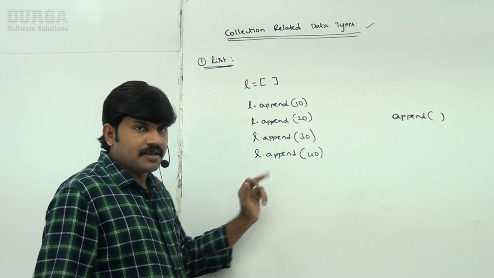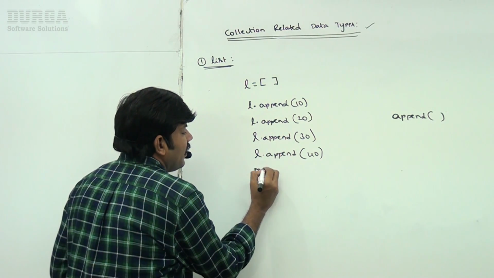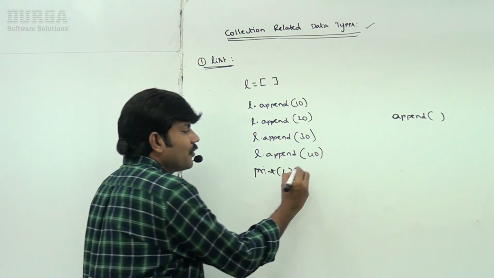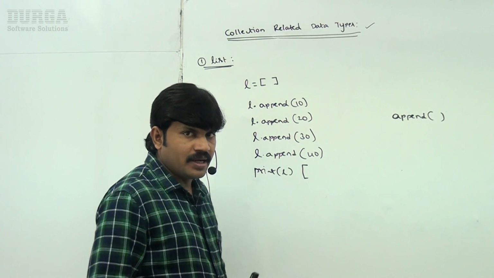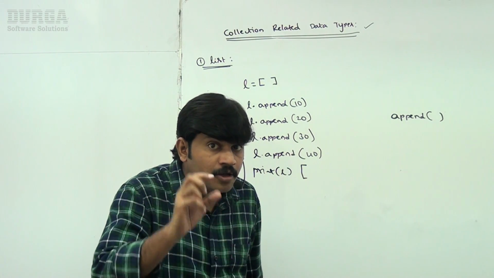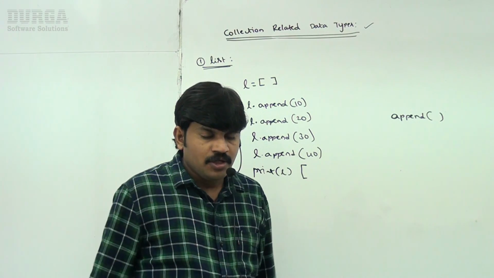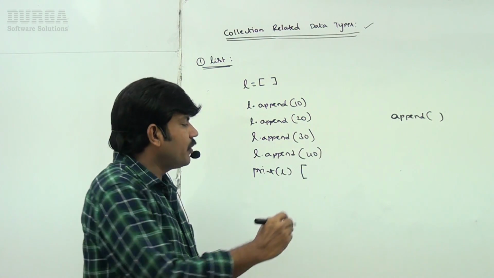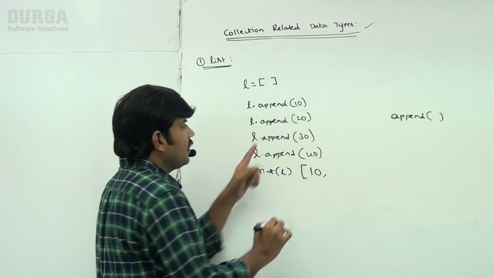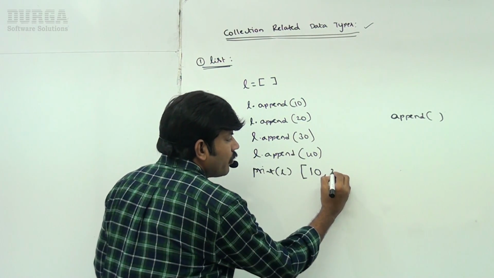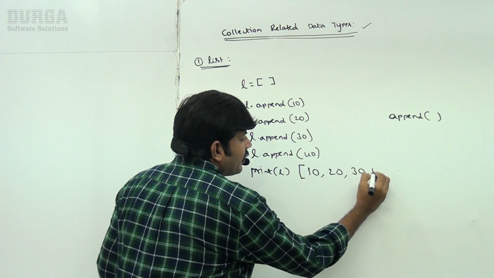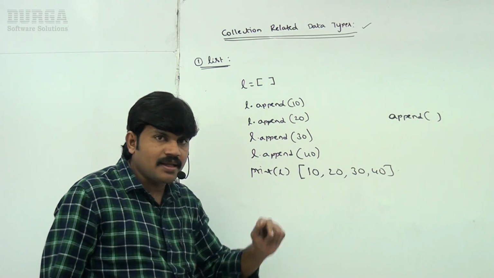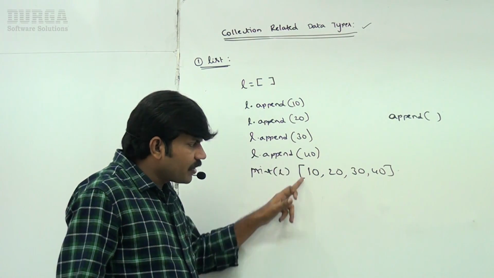By using the append method you can add elements to the list. Now print of L. What is the answer we are going to get? I told you insertion order is preserved in the case of list. The first element you inserted will be stored first in memory. So 10, 20, 30, 40 is the output we are going to get.